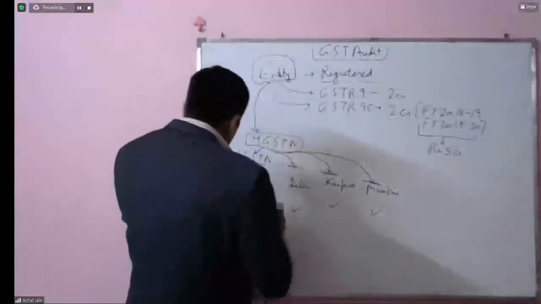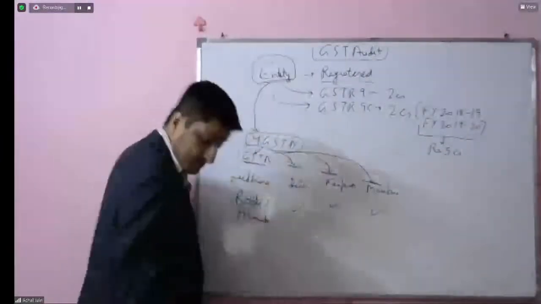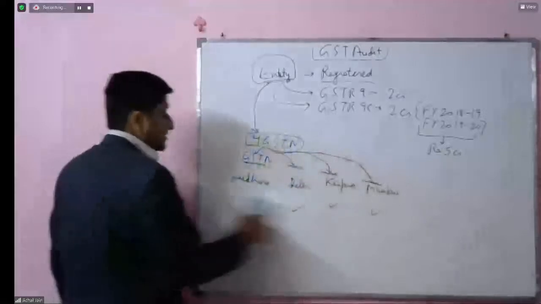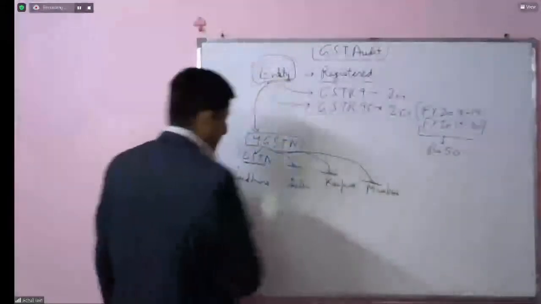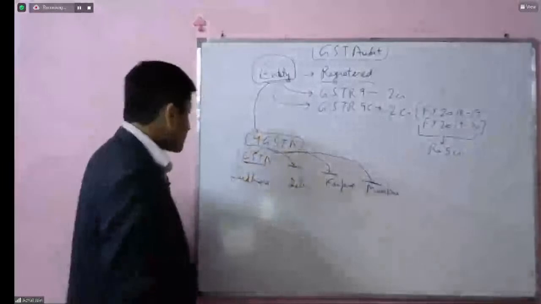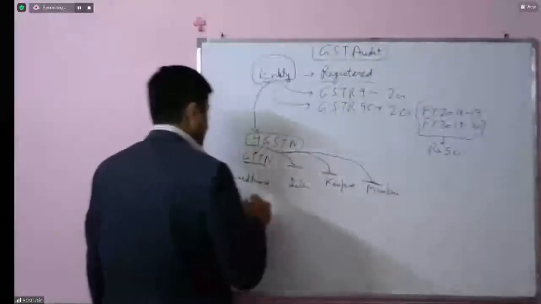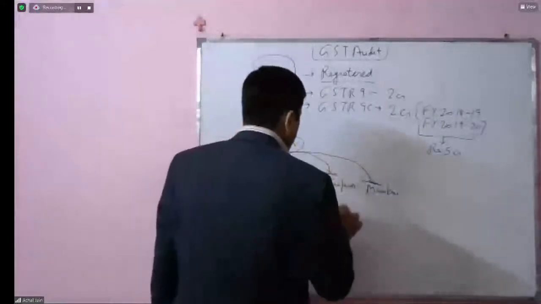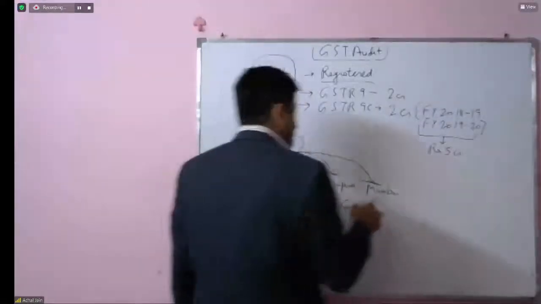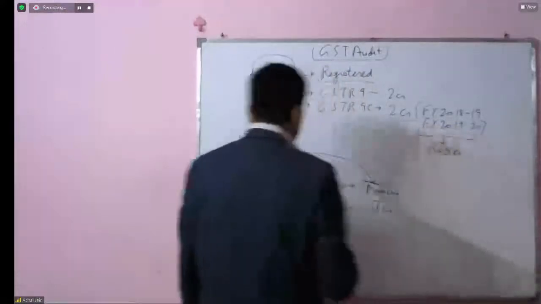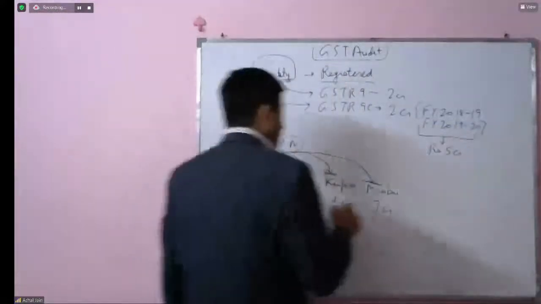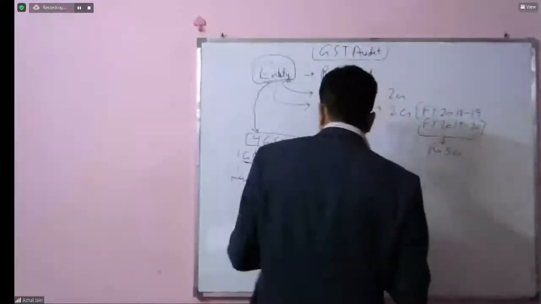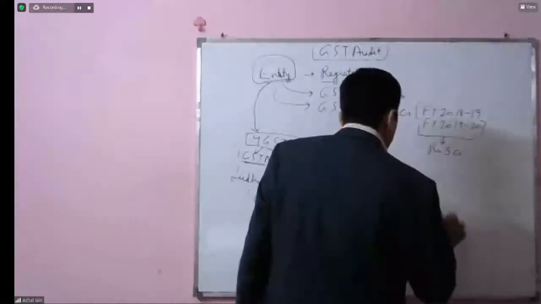Say the turnover of this GSTN, or let's suppose turnover of this entity for Ludhiana unit is 1 crore, for Delhi unit is 1 crore, this unit is 1 crore, and this unit is 3 crore. So all in all, what's the turnover? All in all, turnover is 6 crore.